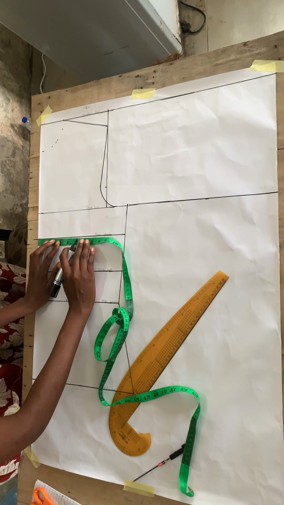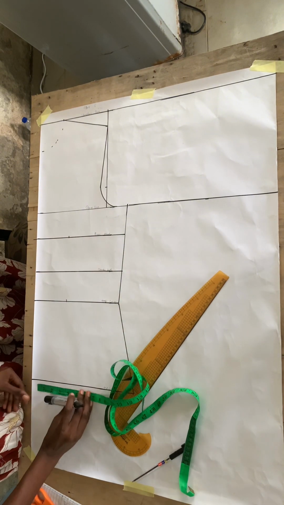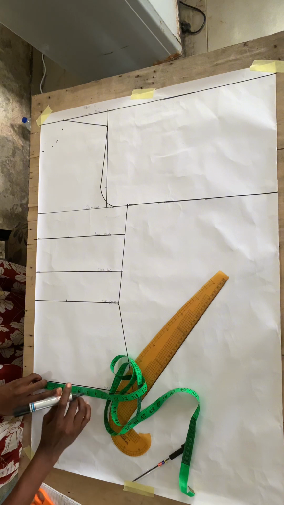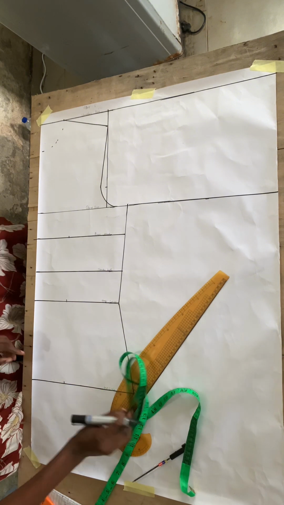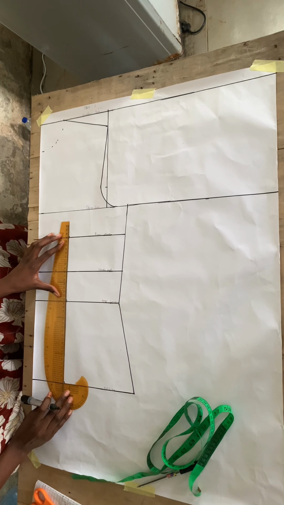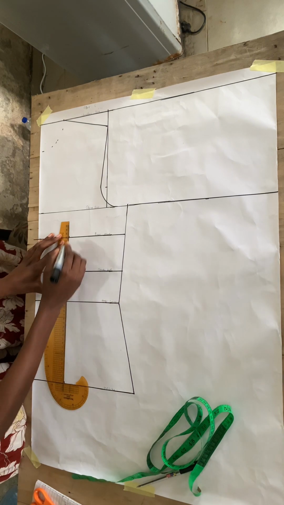You come up to your bust point and mark 4 inches too, and come down to your hip line and also mark 4 inches. After marking these 4 inches, you connect them in a straight line. The reason you marked up and down is so that you can get a very straight line.